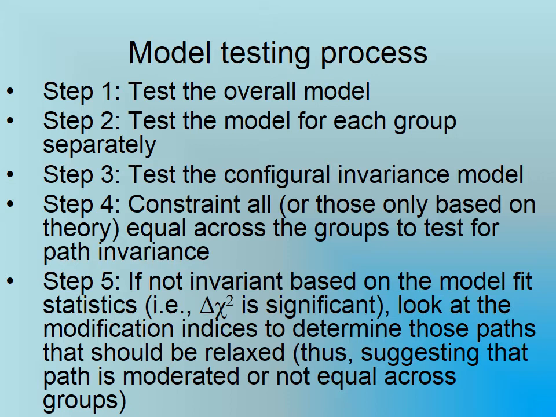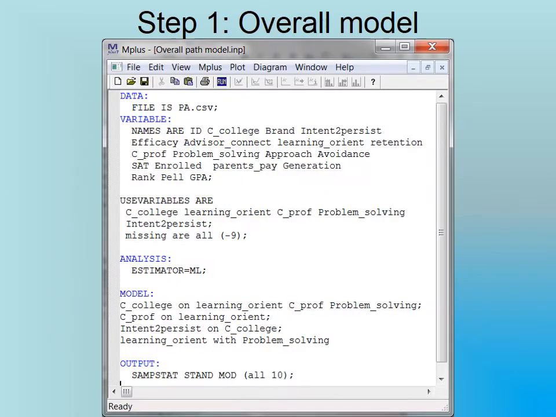Now we'll give an example of how to actually test this in Mplus. Again, our first step, step 1, is to test the overall model. As you can see here, we have 3 variables predicting connectedness to the college, 1 variable predicting connectedness to the professors, and another variable predicting intent to persist, and then I'm correlating the learning orientation with problem-solving variables.